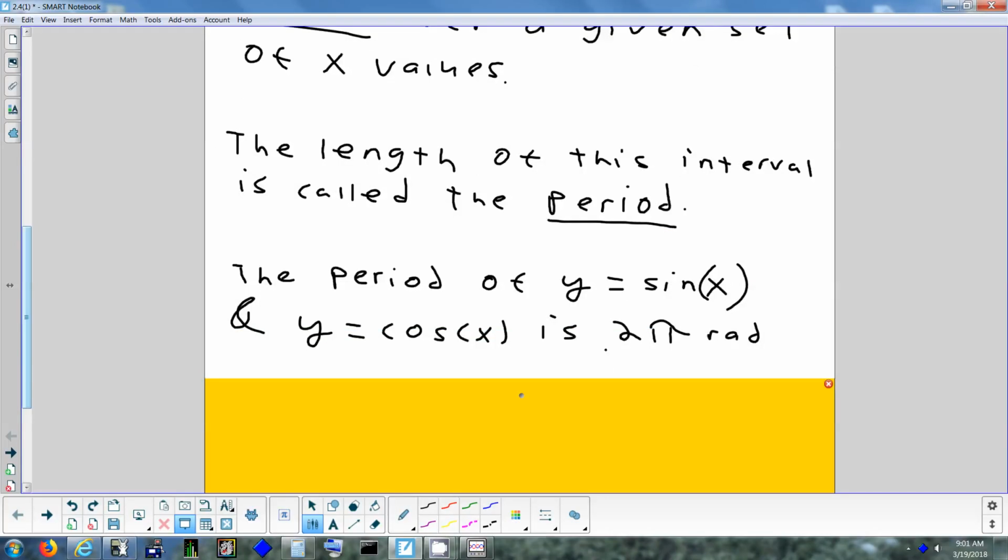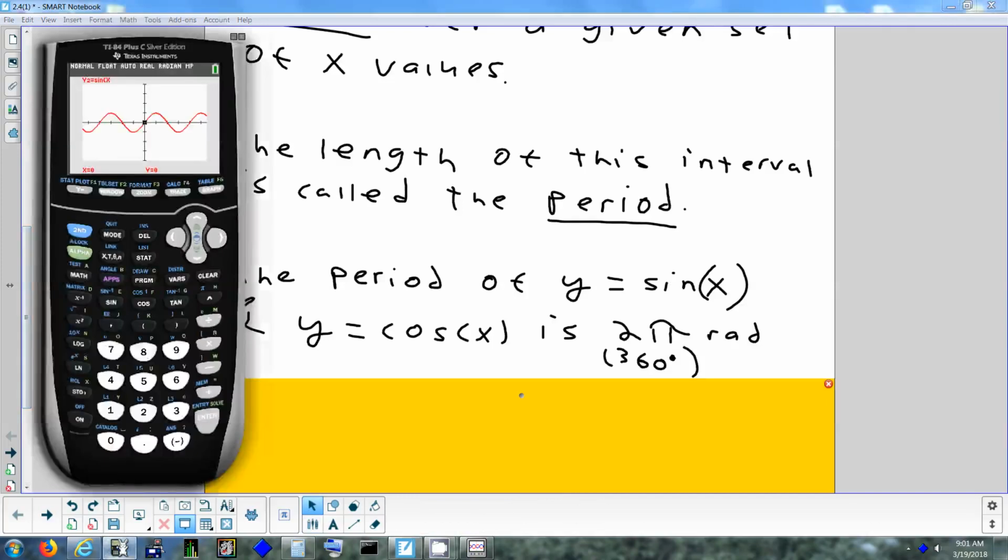So 2 pi radians, or 360 degrees. So what that means is if I wanted to just show you one cycle on this screen, what I could do is just draw it from 0 to 2 pi.